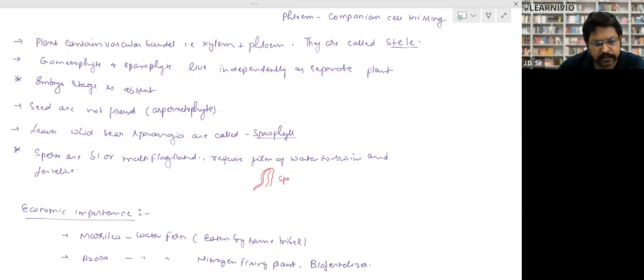So they are sperm, and this is the flagella for swimming. So note it down. Sperms are bi or multiflagellate, means they may have one flagella or more than one flagella, right?